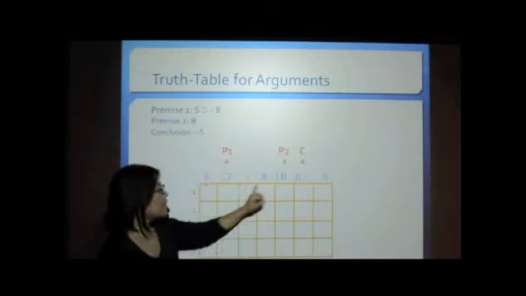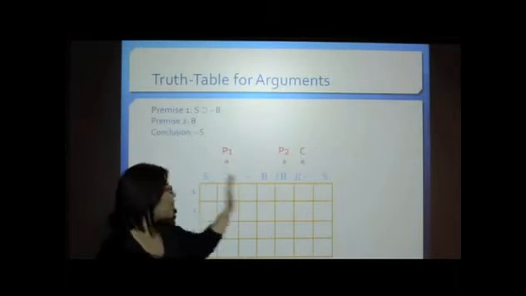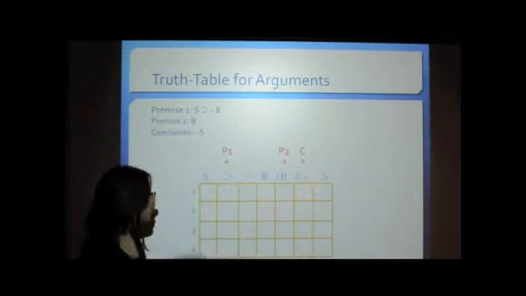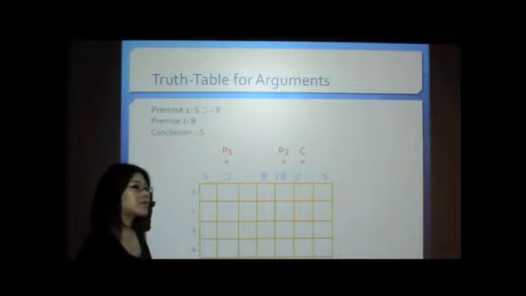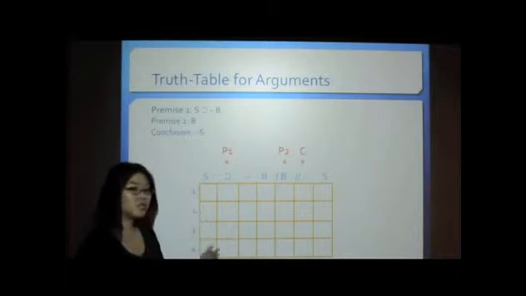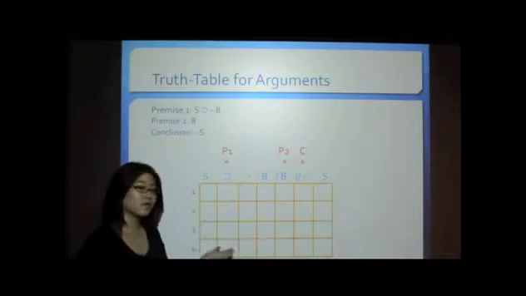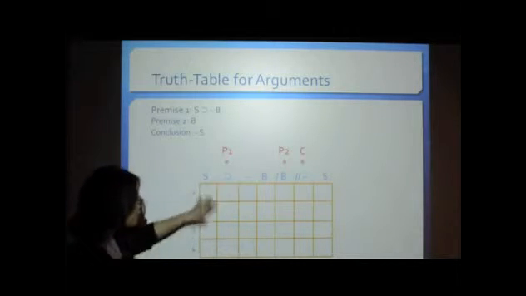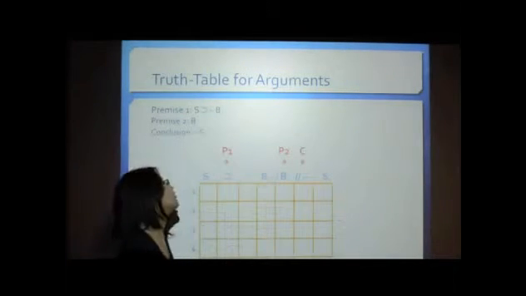So we have an S and a B. So because among these 3 statements we only have 2 distinct variables, we only need 4 lines, okay? Because number of lines is 2 to the n power, n equals the number of distinct variables. So here we have 2 to the 2nd power, which is 4, okay? So we have 4 lines, okay? And we went ahead and set up the columns and so on and so forth.